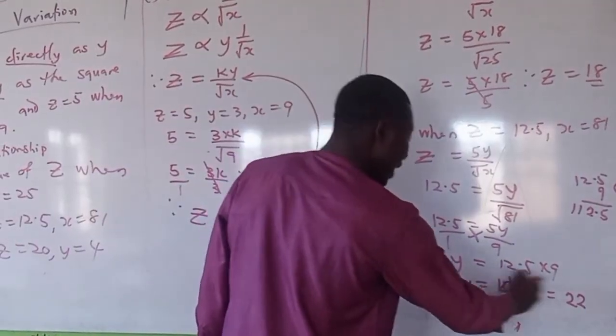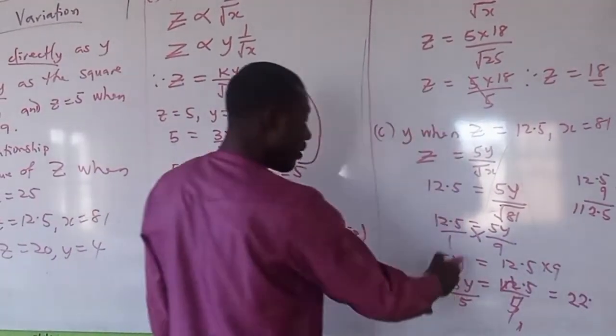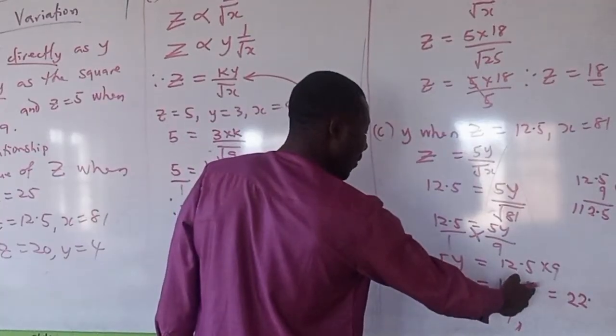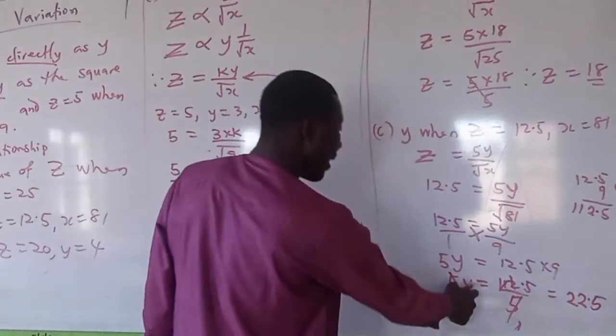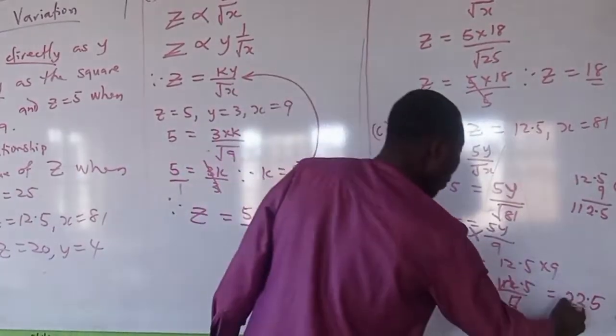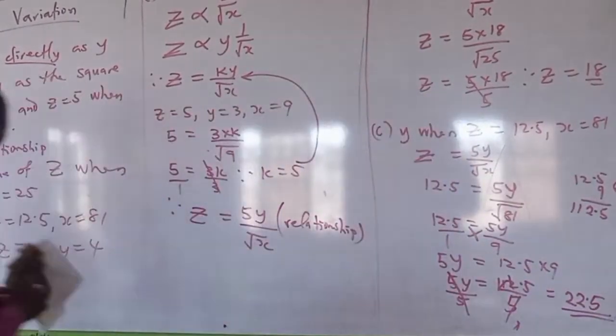Since 2 cannot go, we put the decimal point here. Now that 2 and 5 give 25, and 5 into 25 gives us 5. So the value of y is 22.5.